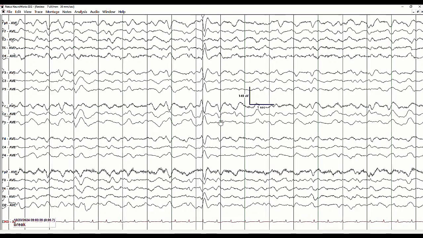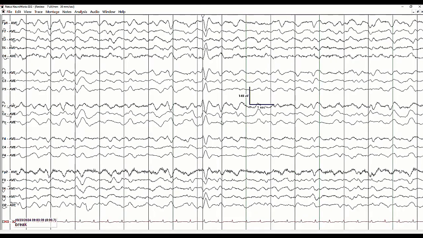And this is also a good example of the lag. Oftentimes, GPDs with triphasic morphology will have an anterior to posterior lag, meaning that a few milliseconds after the frontal region records the sharp wave discharge, so this upward deflection, for example, right here in FZ, actually let's look up at FP1.